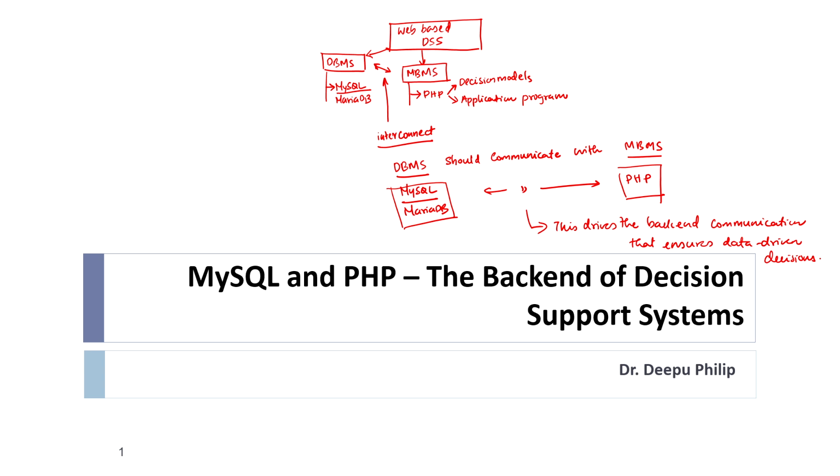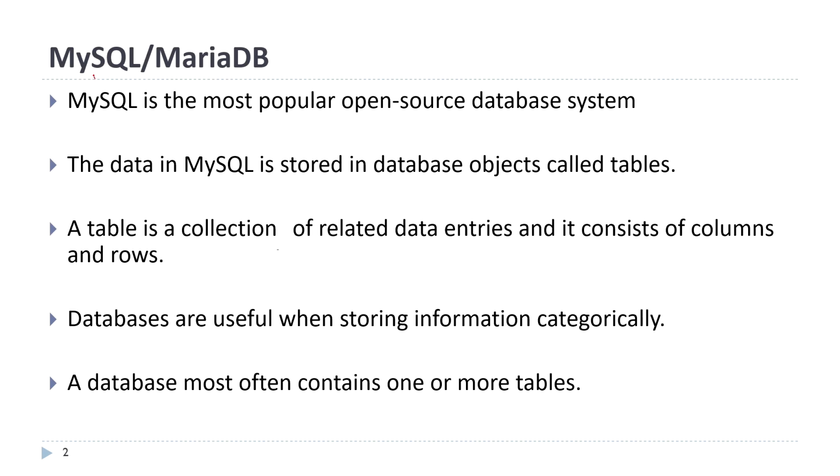So, what is MySQL MariaDB? Quick refresher, not going to spend too much time. We already spent time on this, we already saw SQL, many aspects we already went through. MySQL is the most popular open source database system, and you can read MySQL as MariaDB, because MySQL is now bought by Oracle.